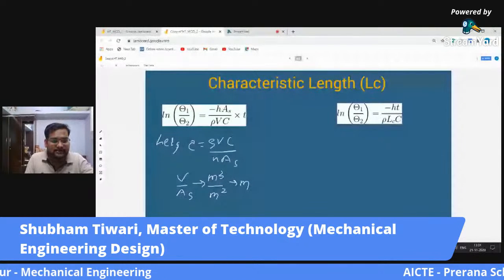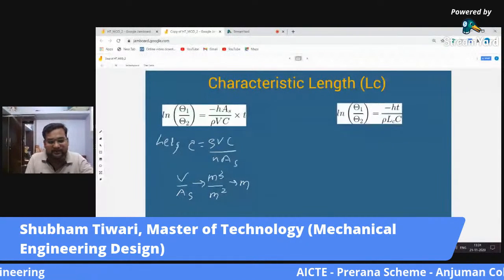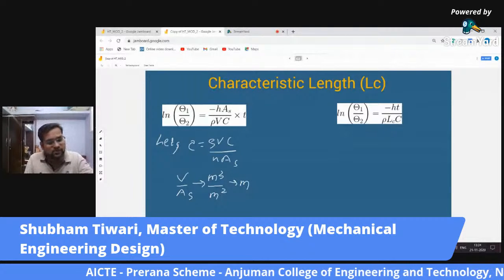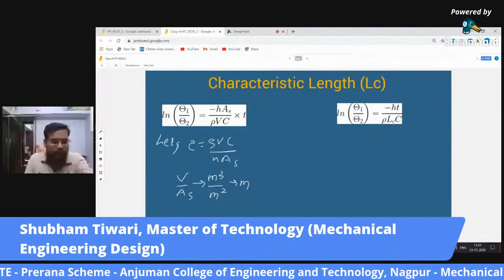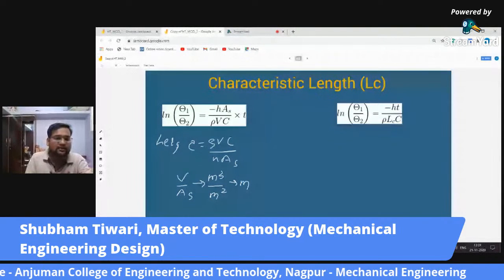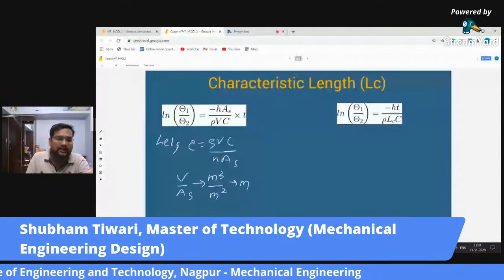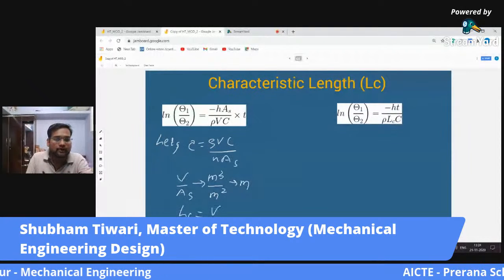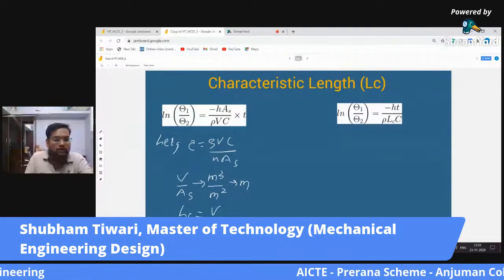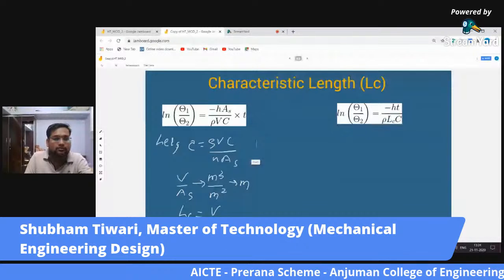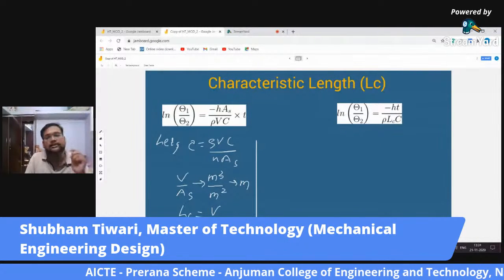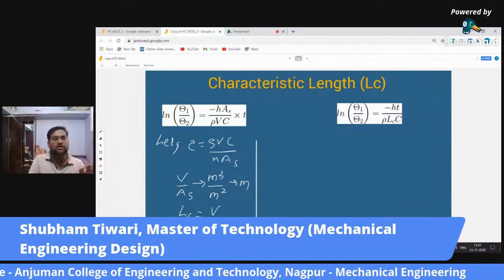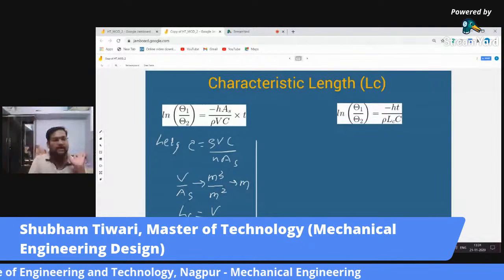So this is some linear dimension, either it is radius or length or width or anything. To include all such linear dimensions, we have a broader term known as characteristic length LC, which equals volume upon surface area. So this is basically characteristic length. What is characteristic length? Characteristic length is the ratio of volume to the surface area of the same body.